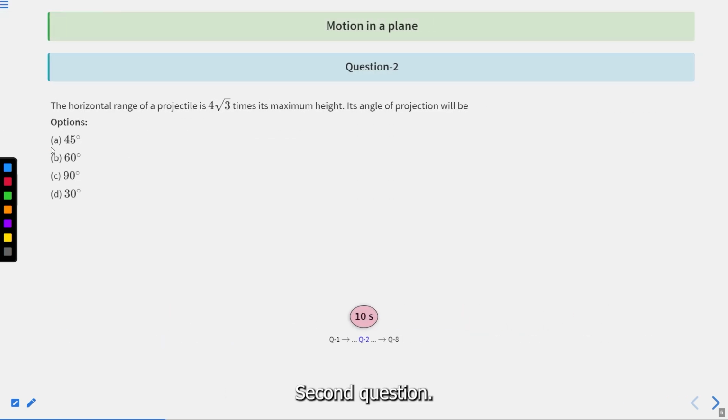Second question. The horizontal range of a projectile is 4 root 3 times its maximum height. Its angle of projection will be, what is the angle of projection? Clear? Read the question carefully.